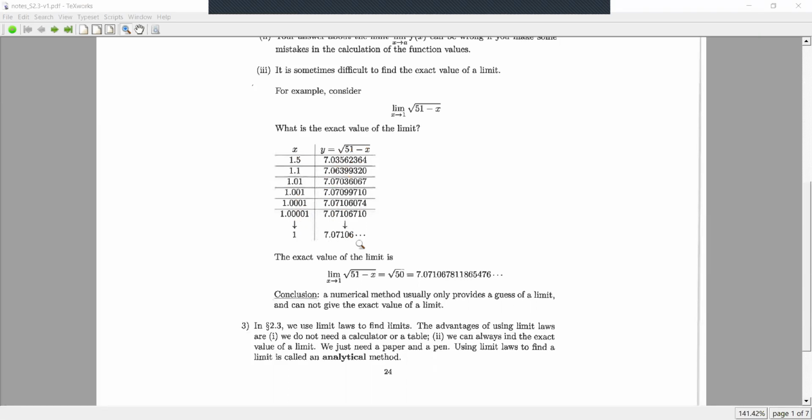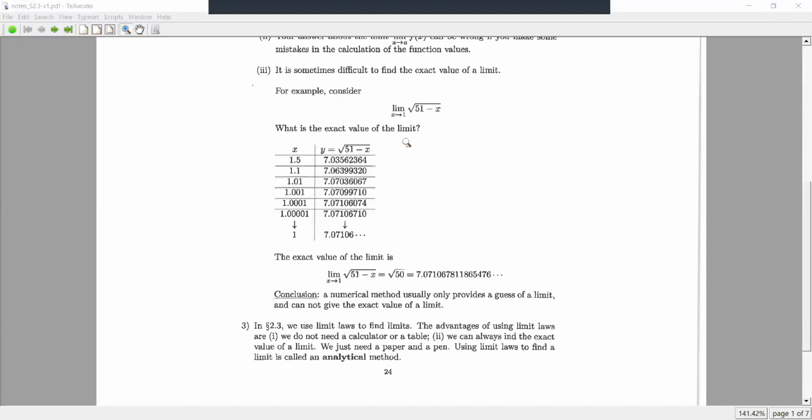About this number, I can only tell the first 6 digits, 707106, because the last two numbers in the table match only the first 6 digits. After that, the digits are different. So I cannot tell the digits after the first 6 digits of the limit.